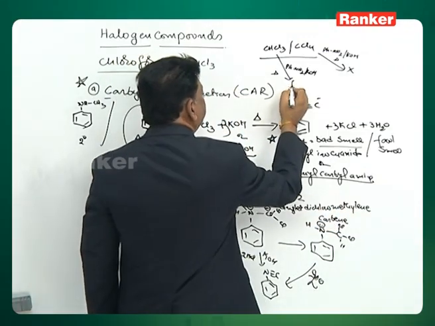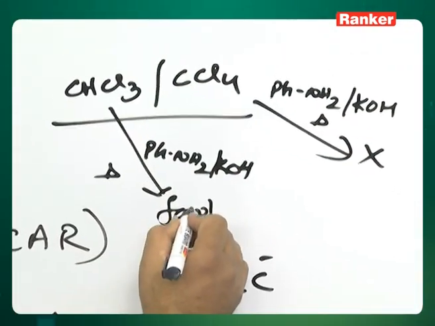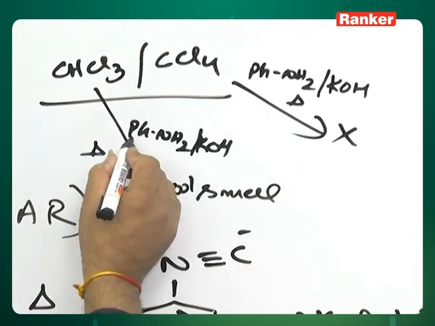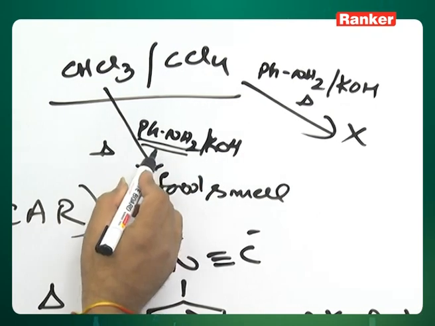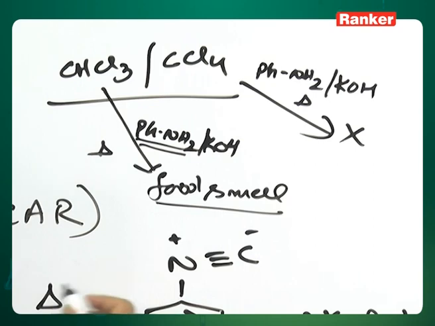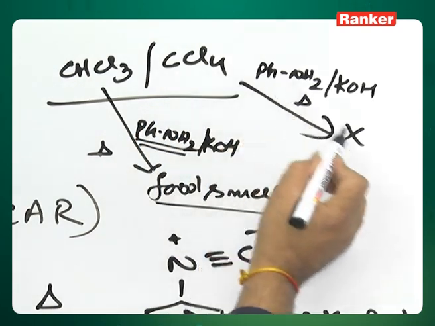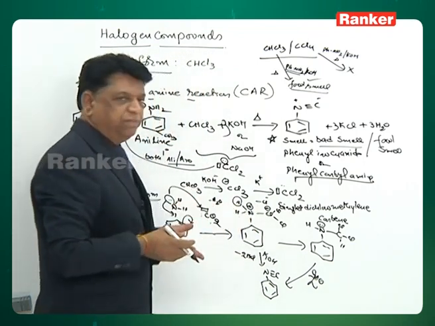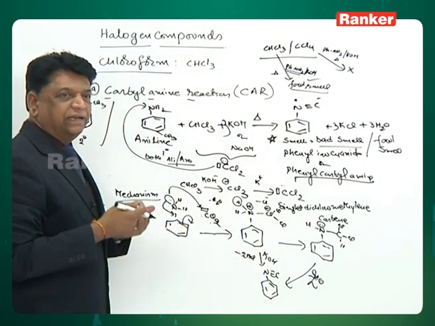So this foul smell you get only in the case of the 1 degree amine, that is, chloroform and aniline will give this foul smell, but CCl4 and aniline will not. Therefore, in one case the test will be positive, in the other case it is called a negative test.